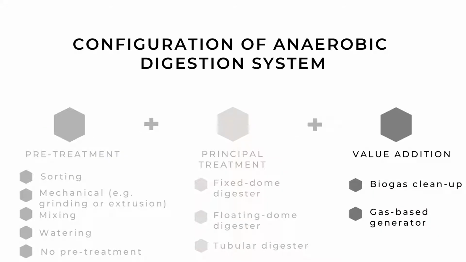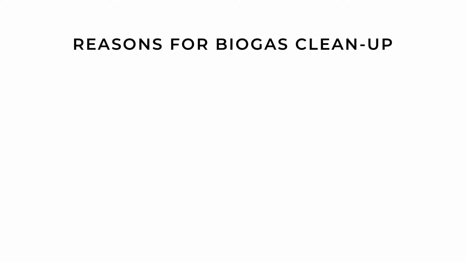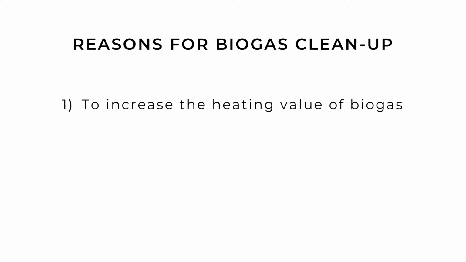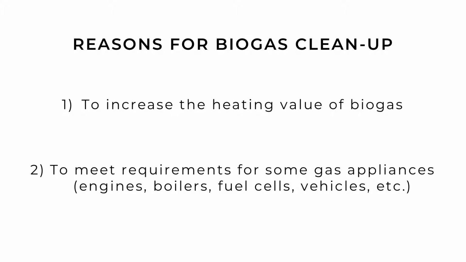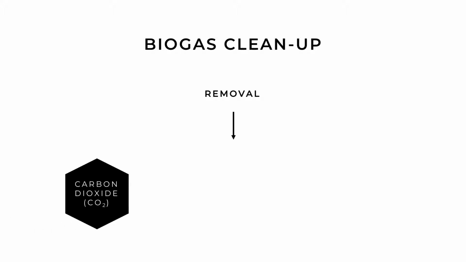Going back to our typical configuration of an anaerobic digestion system, after the production of biogas, we need a further step of value addition. This is needed for two reasons: to increase the heating value of biogas and to meet requirements for some gas appliances such as engines, boilers, fuel cells, vehicles, etc. Usually, we will need to remove CO2 to increase the heating value and quality of the biogas.